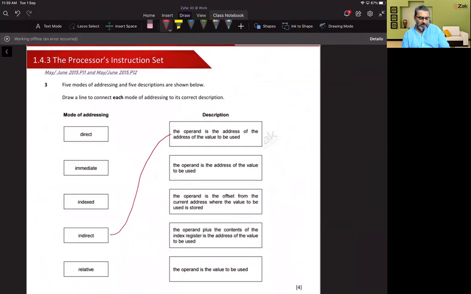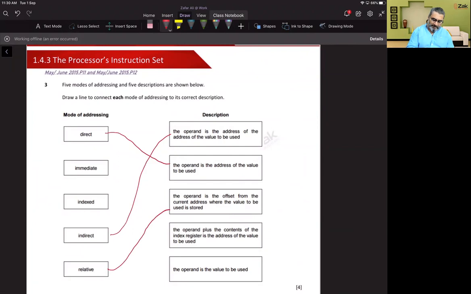The next one is the operand is the address of the value to be used. So this is direct. Third one is the operand is the offset from the current address where the value to be used is. So how many times you have to move forward to get the data, that is relative.